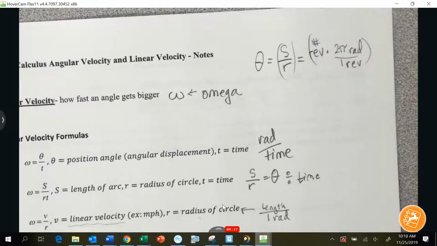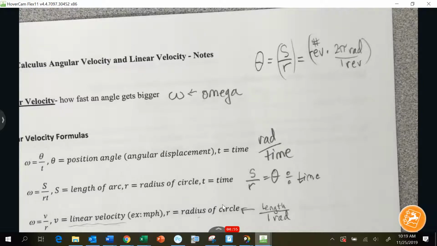So what is 45 seconds to rotate once? What's rotate once telling me?